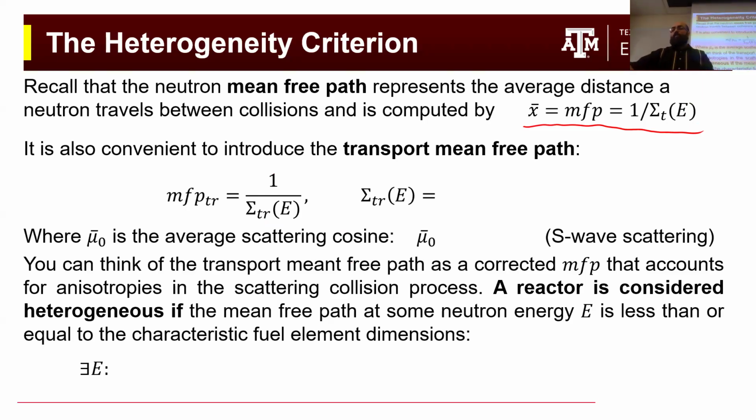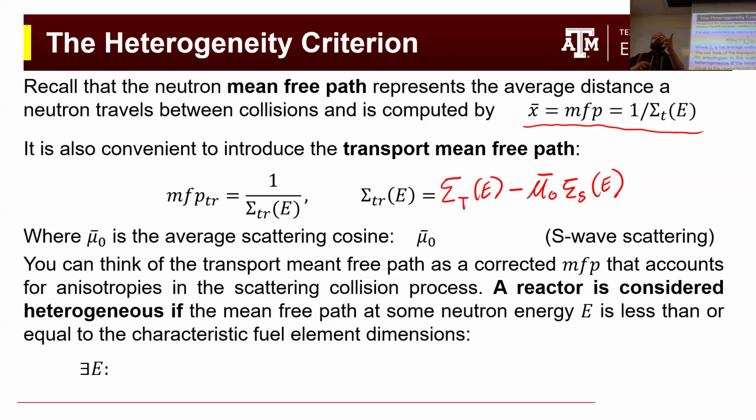The transport cross section, sigma subscript TR, is defined as sigma total minus this thing called mu0 bar times our scattering cross section. So our transport cross section is the total cross section minus this scattering cosine times our scattering cross section.